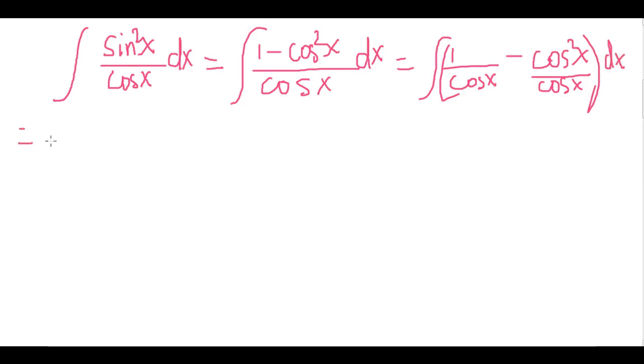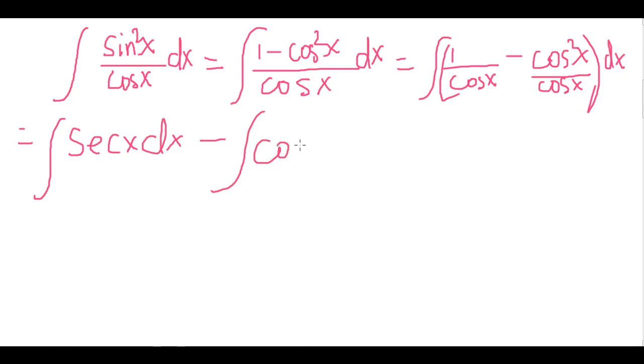Now I can write 1 by cos x as secant x. You probably know that, I assume. And I can split the integral, right? So I can write this as two integrals. Now this becomes cos x, because cos and 1 get cancelled out, and we are left with this.